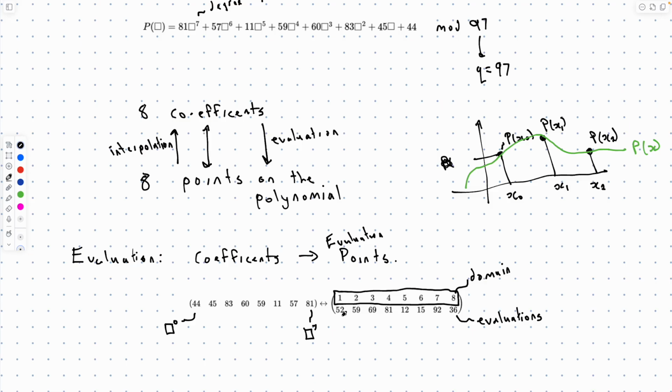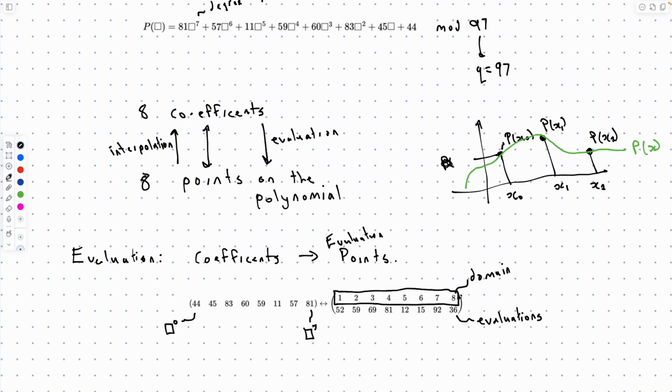Now, with this set of points, I have 8 of them, so can I turn it back into coefficients if I want to? I can. I have enough points. I don't know what the algorithm is yet for doing that, but if I have 8 points on a polynomial that's degree 7, I can turn it back into the 8 coefficients that I need. That's interpolation.